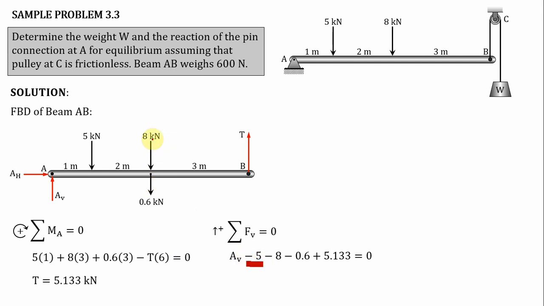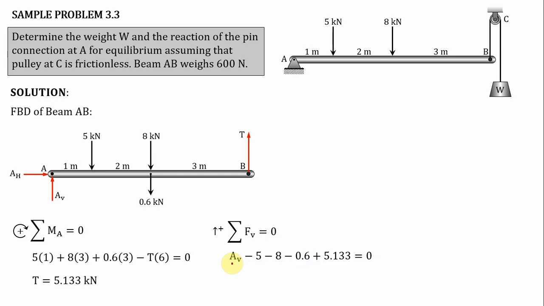Yung 8 kilonewton going downward, minus 8. Yung 0.6 kilonewton going downward, minus 0.6. And then, yung tension force natin is going upward. And tension force natin, tension force ng cable is 5.133 kilonewton. So that's why plus yan, plus 5.133 kilonewton. And then is equal to 0.